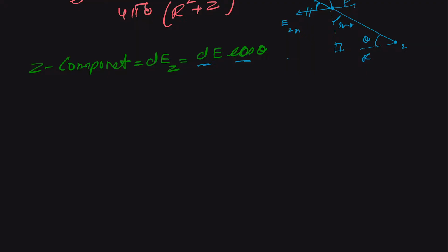Therefore, we get dEz equal to 1 upon 4 pi epsilon naught, times z dq, and the denominator is r square plus z square to the power 3 by 2.